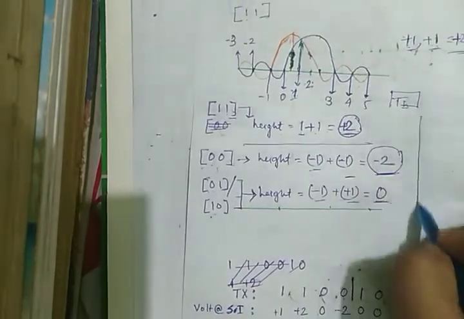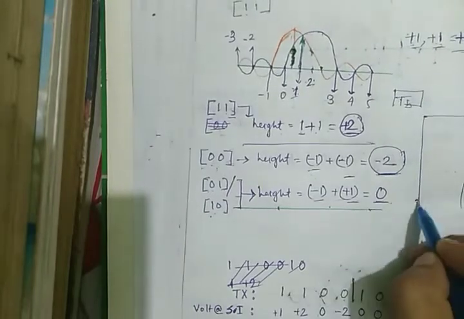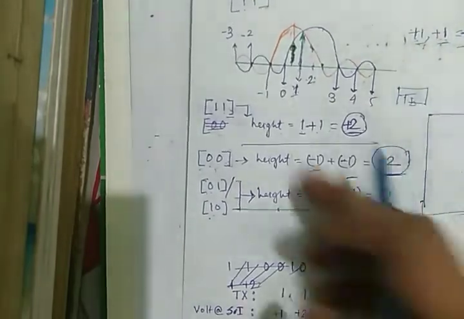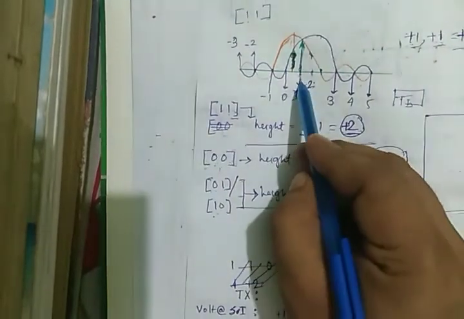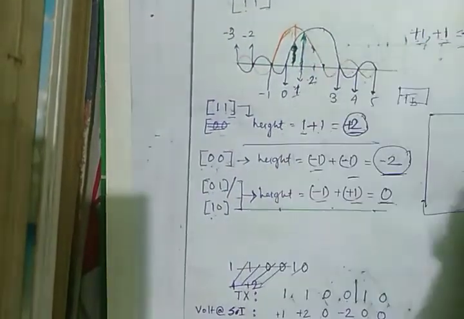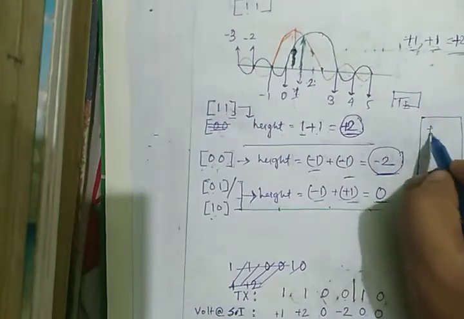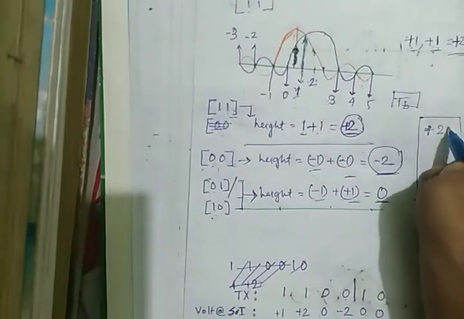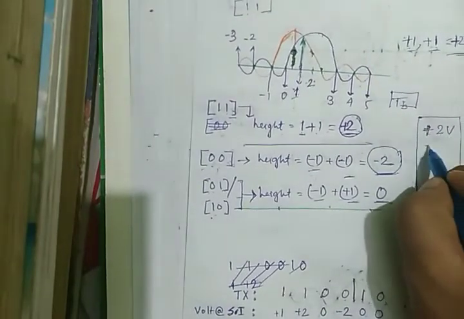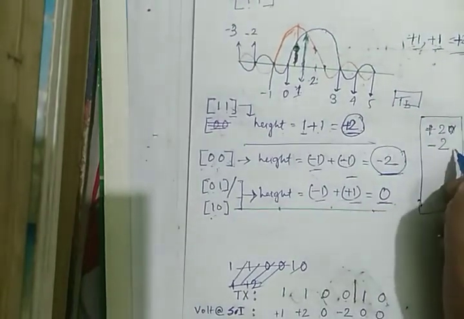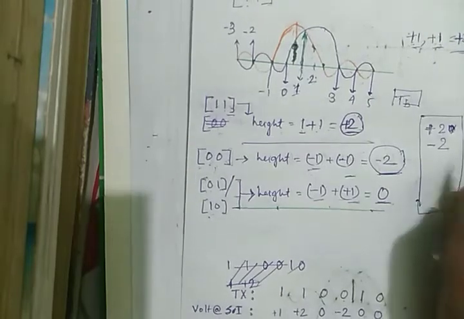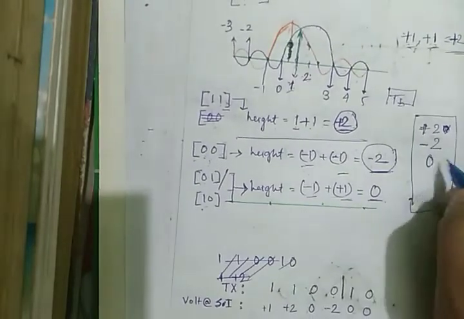So from here you can conclude that for duobinary pulses, once you transmit the duobinary pulses one after one, at the sampling instant we can have only 3 possible voltages. One is plus 2 volt, or you can say plus 2 unit, another is minus 2 unit, or minus 2 volt, and that is, you can say, 0 volt or 0.